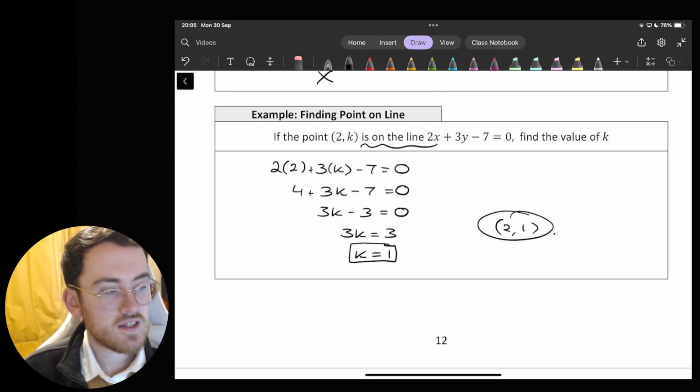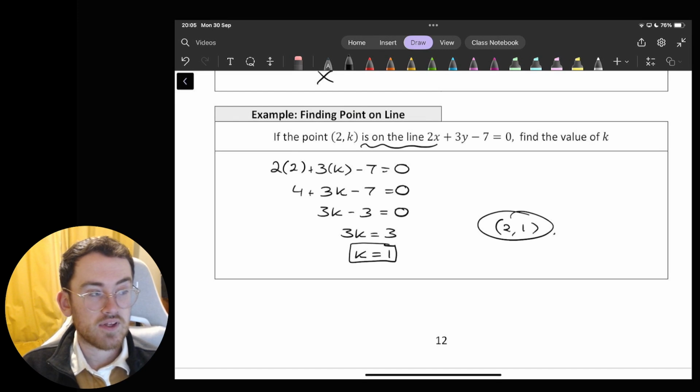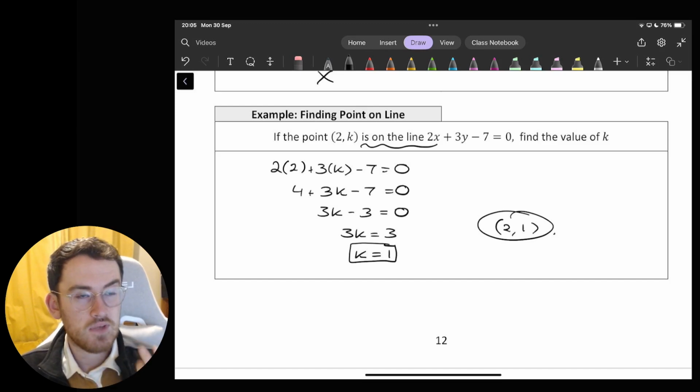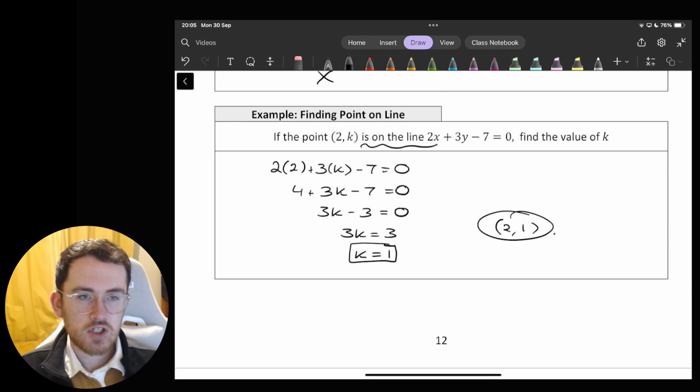Okay, so we can see there's a lot of information coming from the equation of the line, and it is important to be aware of the two different ways that we can write the equation of the line and the reasons why. In general, we're going to aim for the general form, the longer version equal to 0, but the slope-intercept form is there for us to manipulate into, or go straight to, if we want that extra information. If it's given to us in that format, we're able to pick out the slope.